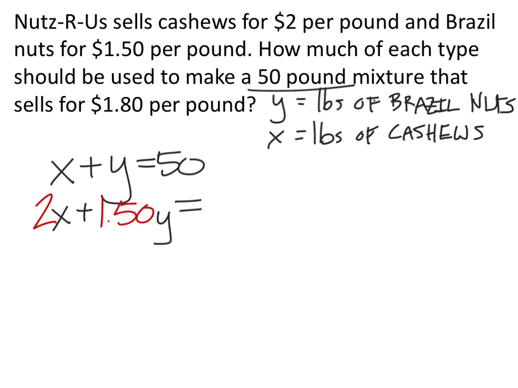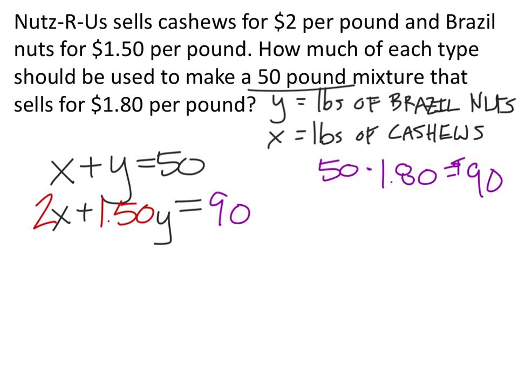That is a cost rate per pound, so we need to figure out what the total cost of the entire 50-pound mix is, and to do that we'll just take the 50 pounds and multiply it by the $1.80 per pound, which would tell us how much that's going to cost. Again, that's what this equation is trying to find, the total cost. So that's $90 total cost for purchasing the Brazil nuts and cashews.